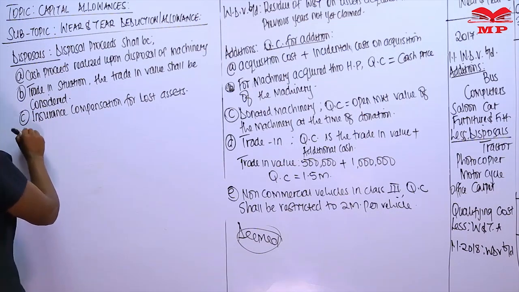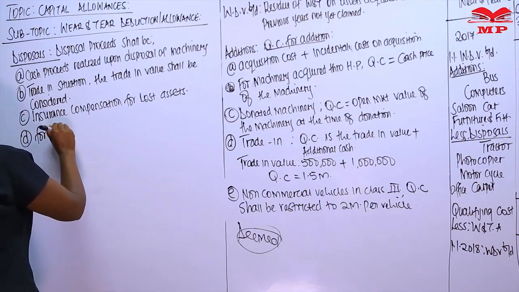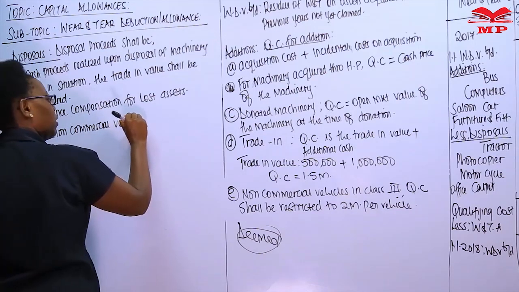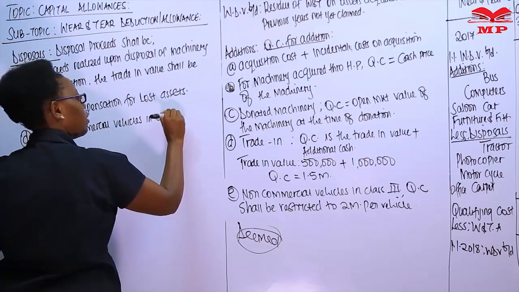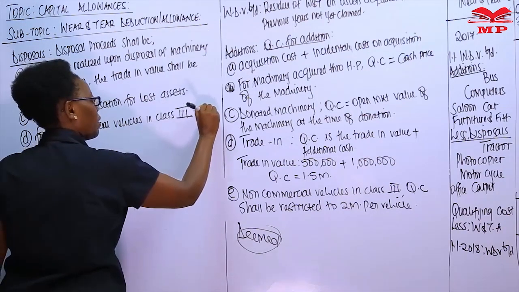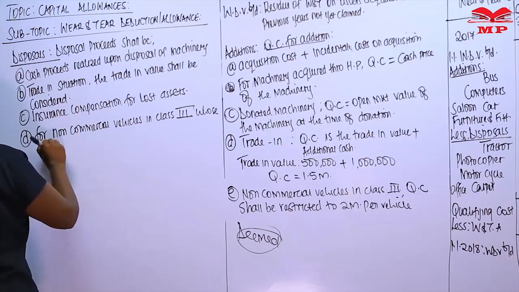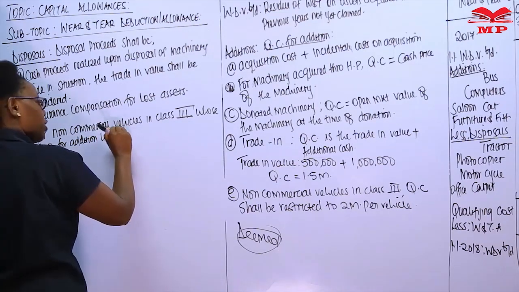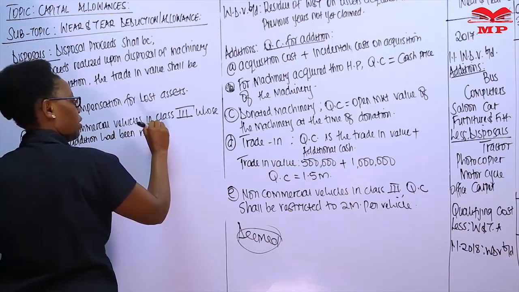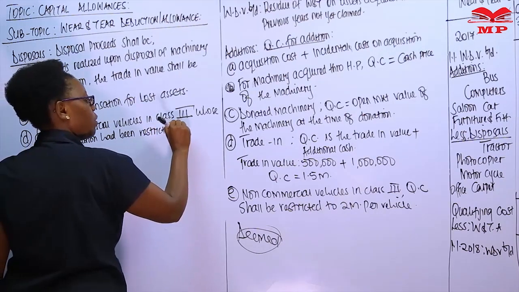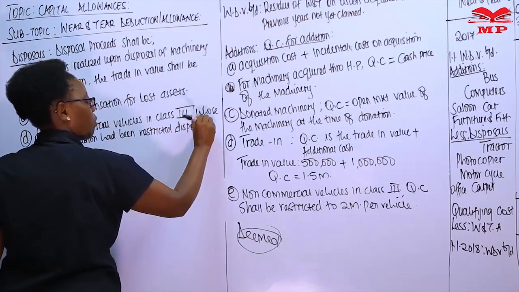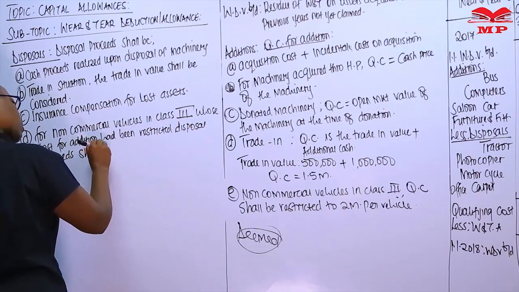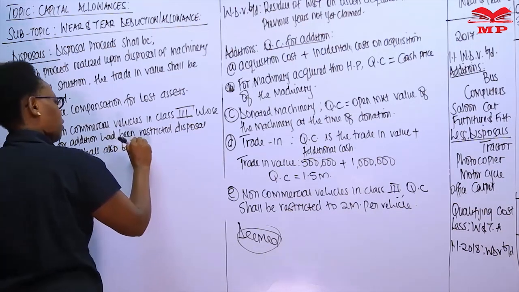So for non-commercial vehicles in class 3 whose costs for addition had been restricted, disposal proceeds shall also be restricted.